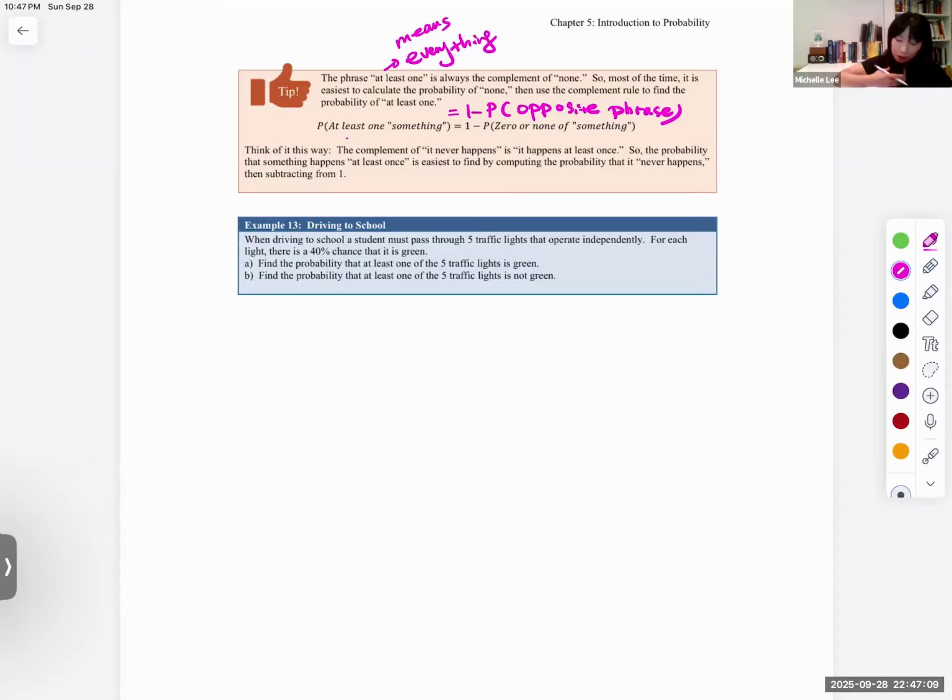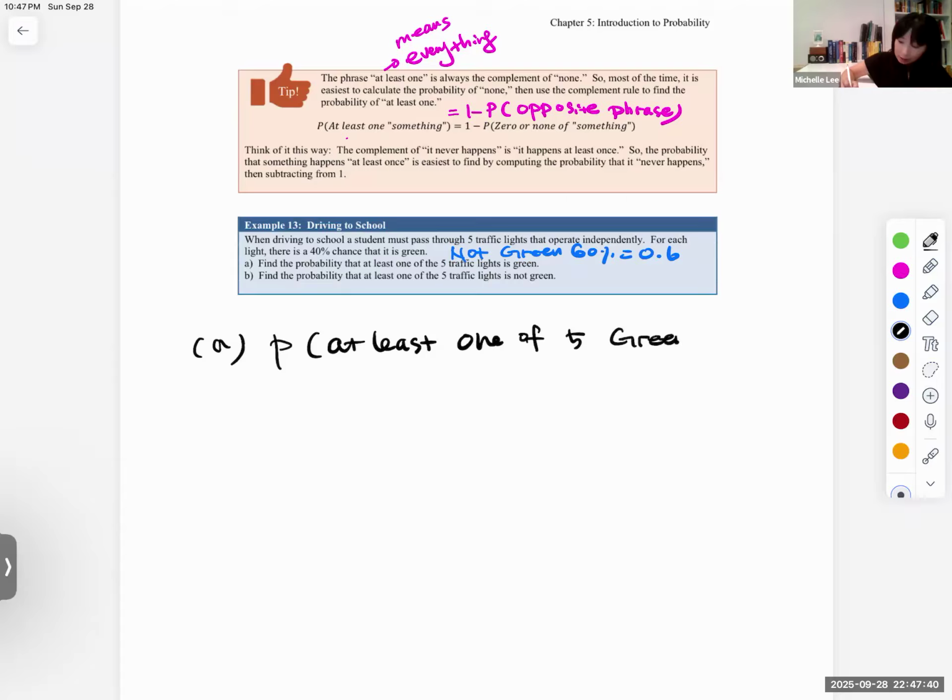Let us do this one, driving to school, which we did earlier. Find the probability. Green light will be 40%, then not green will be 60%, which is 0.6. What's the probability that at least 1 of 5 traffic lights is green?